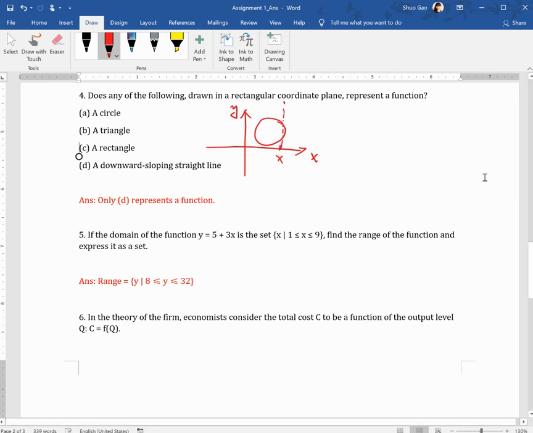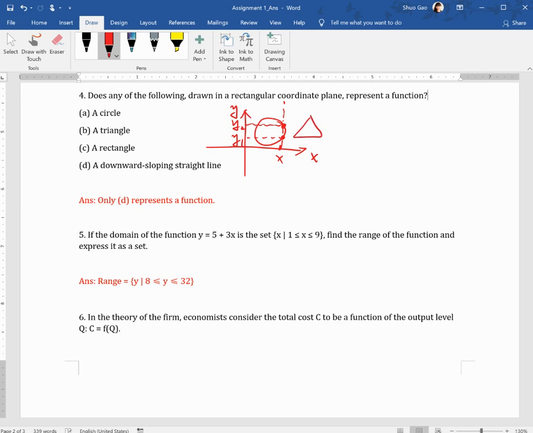Right? For a given x, there should be only one value associated with it. Okay. So in this example, if this is a circle, then there are 2 points here that have the same x, but we have 2 y values here, y1 and y2, right? In this case, it's not a function.